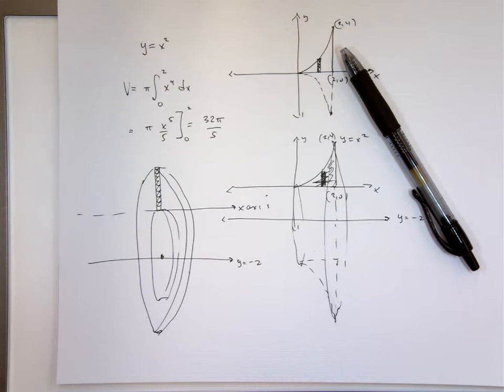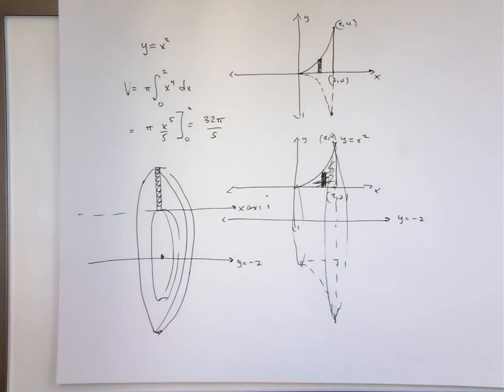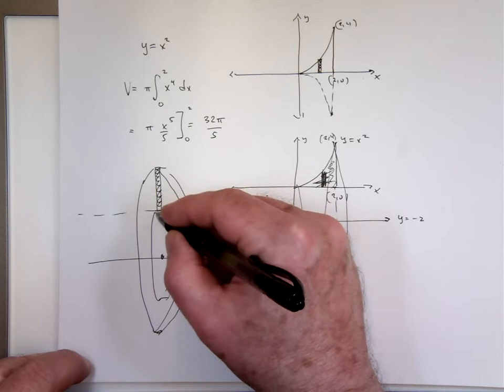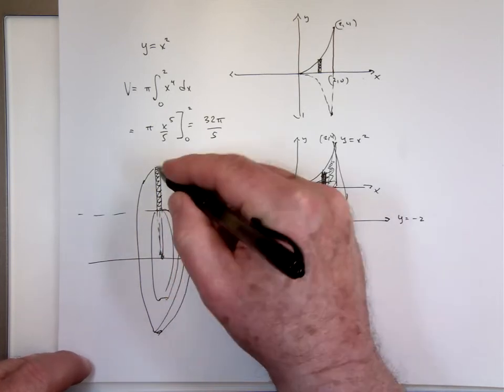That thing is called a washer. What is this washer? Well, it's the difference of two disks. It's got an outside disk, from here to here, minus the inside disk.